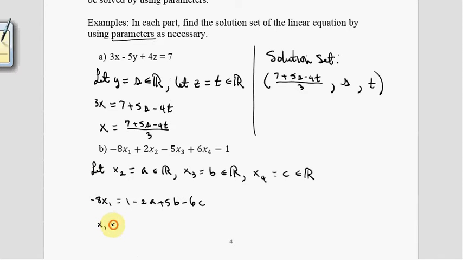And so x sub 1 is negative 1/8 plus 1 over 4a minus 5 over 8b plus 3/4 c.